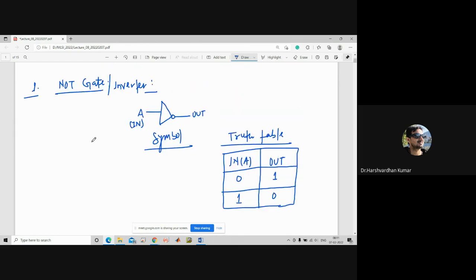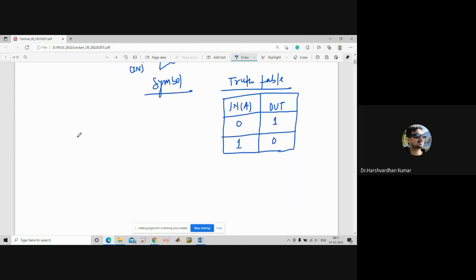We also know the symbols of NMOS and PMOS. So let us connect the NMOS and PMOS in series so that we get the CMOS structure, that is, complementary metal oxide semiconductor. We have to provide the same input to both gates.